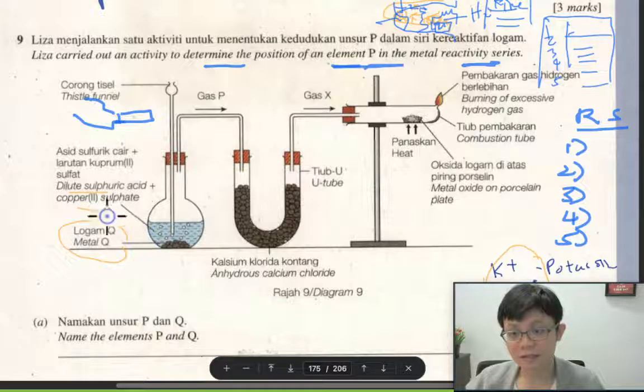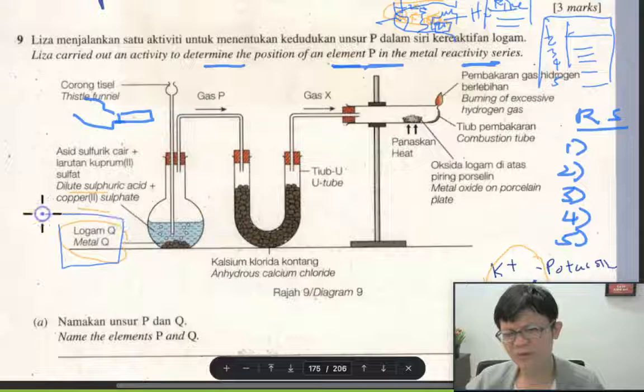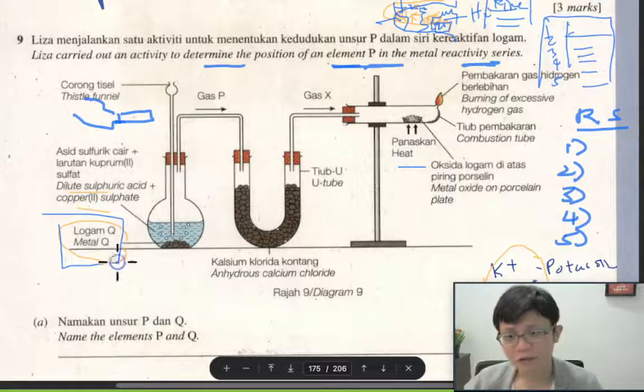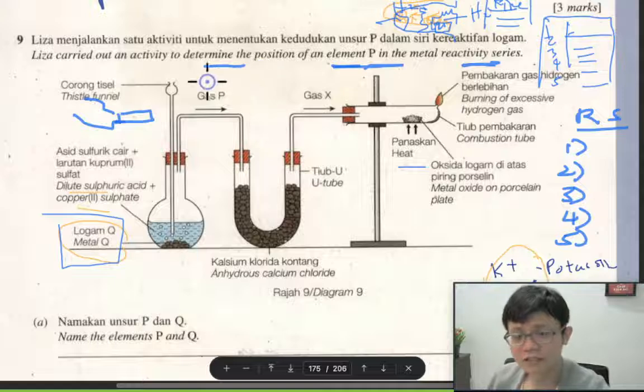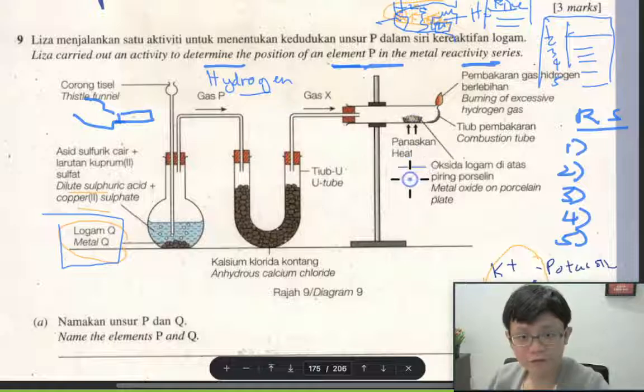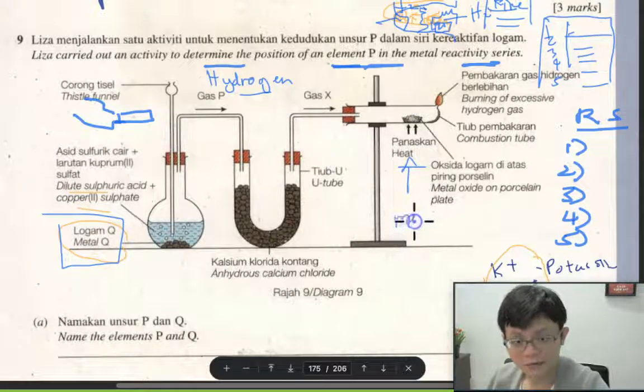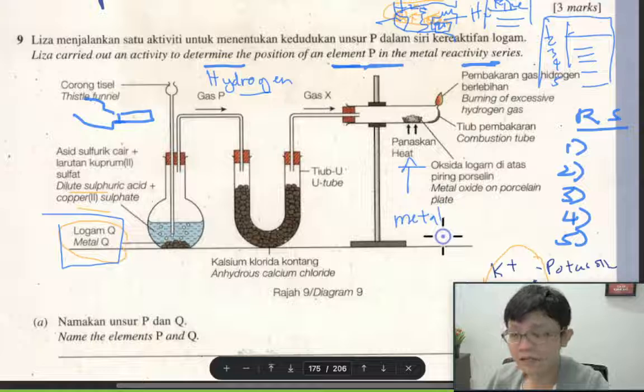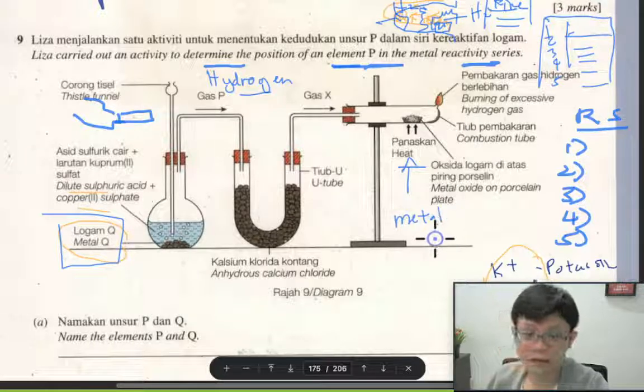Because here is a metal cube, and we need to roughly know what this metal cube is. We want to make hydrogen gas. When you look at this picture, we want to make hydrogen gas, and we want to see how the gas reacts with the metal.